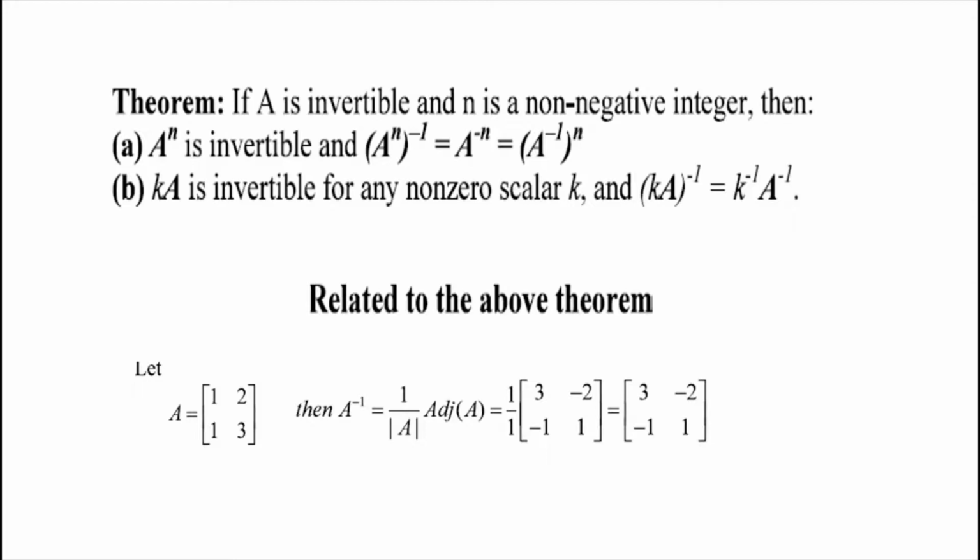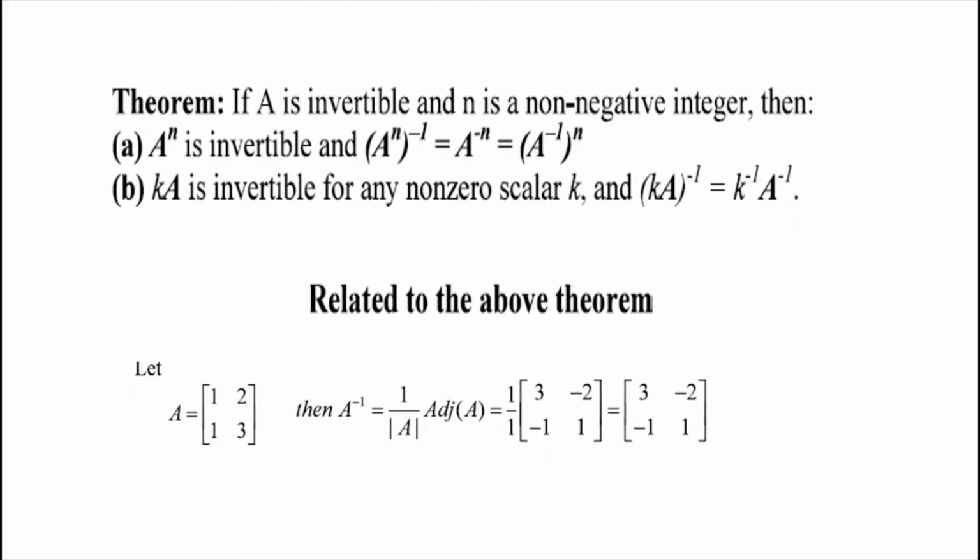The second part says that for any non-zero scalar k, if A is invertible, then kA is also invertible, and (kA) whole inverse is equal to k power minus 1 times A inverse.